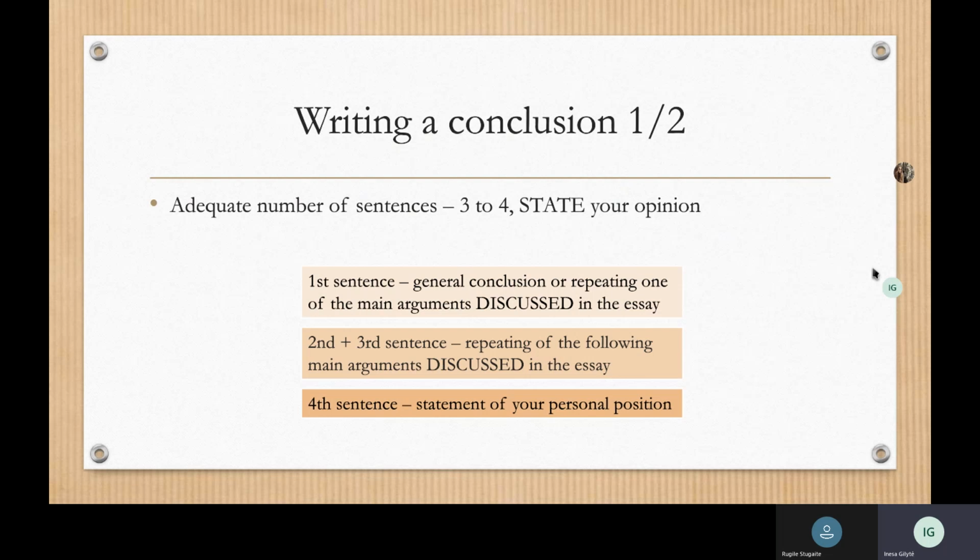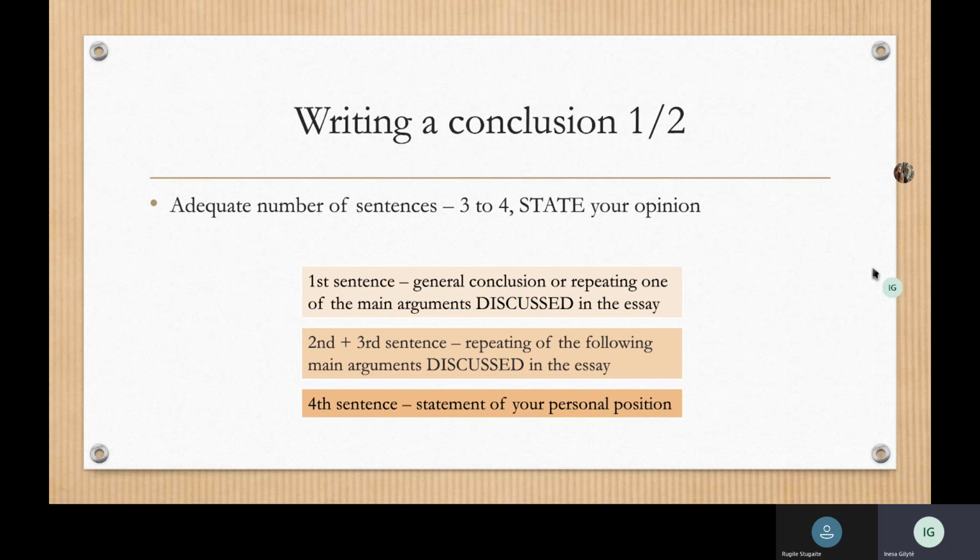So you just kind of repeat what you have said in other words, but it is best if you really repeat the main general statements that were given as the first sentences of your main part. And then the fourth sentence is a statement of your own personal position, your own opinion.